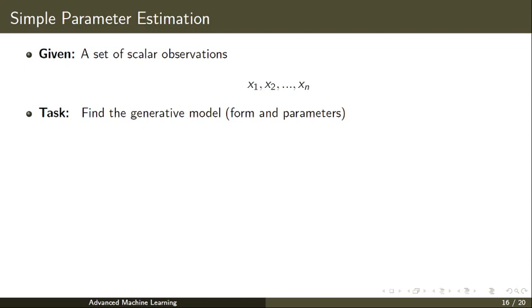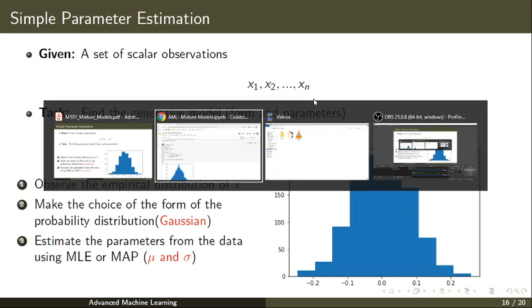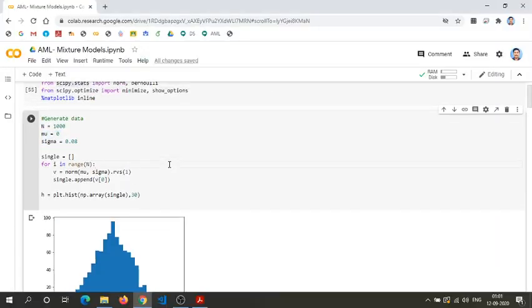Let's say you have a set of scalar observations x1, x2, x3, etc., xn, and our task is to find the generative model: what is the form of the model and what are the parameters. What is given to you is x1, x2, x3, etc., xn. This is just the opposite of what we have seen here.